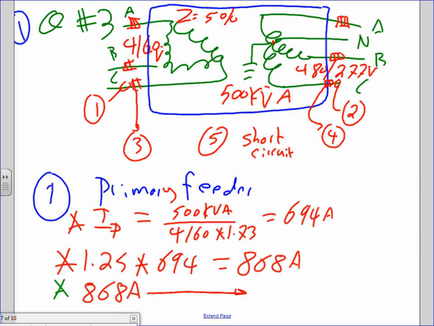Now, can I take this one to 310.15(B)(16)? No. Look at the voltage. The voltage is 4160. Up to 600 volt, 310.15(B)(16) is good. Higher than 600 volt, you have to go to a different table.